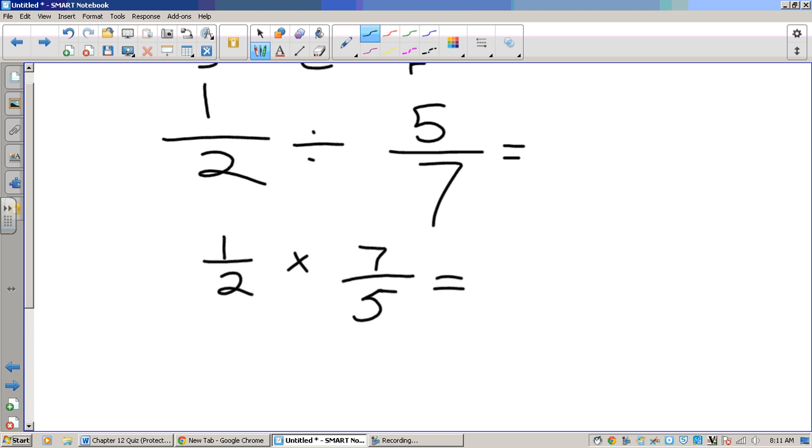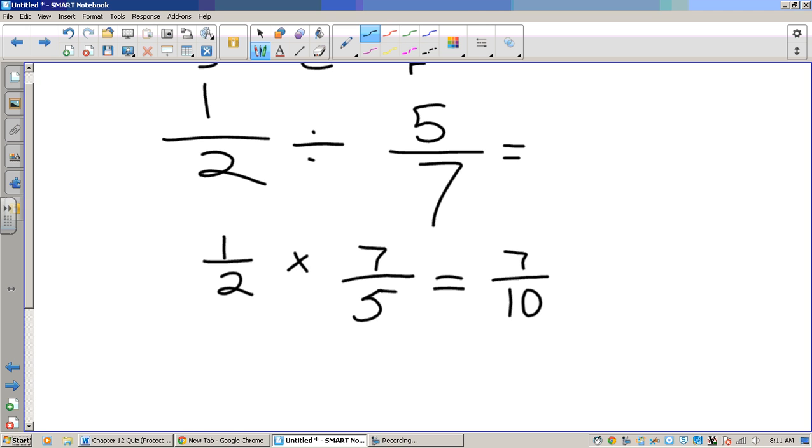So Braden, what's that equal? 7/10. I actually think that multiplication of fractions is easier than addition and subtraction because you don't have to make the denominators the same. You could, but you don't need to. Otherwise, you're going to have a fraction that is not simplified. But you don't have to make the denominators the same.